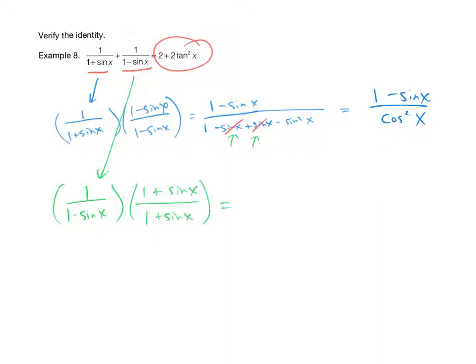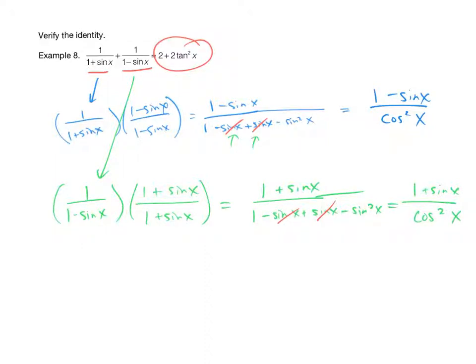So my top becomes 1 plus the sine of x, and the bottom is FOILed, 1 minus sine x plus sine x minus sine squared of x, which is 1 plus the sine of x all over. Again, these middle ones cancel, and 1 minus sine squared of x is cosine squared x.